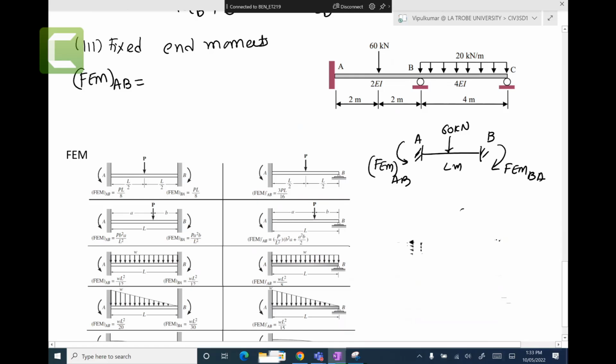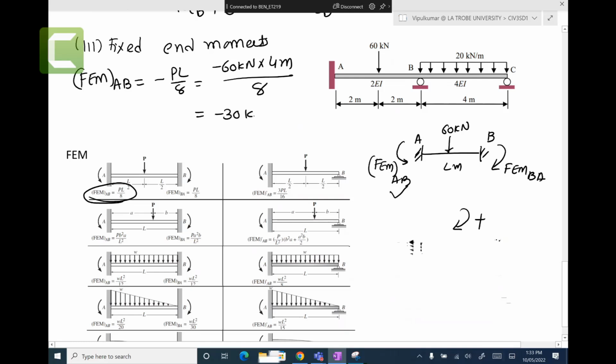Right, so clockwise is positive. So this is anti-clockwise. What would be the equations? PL over 8, minus 60 kilonewtons, length 4 meters over 8, would give me minus 30 kilonewton meters.